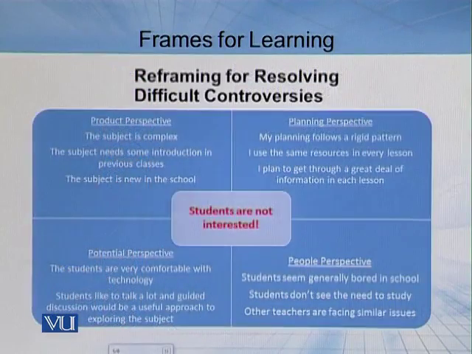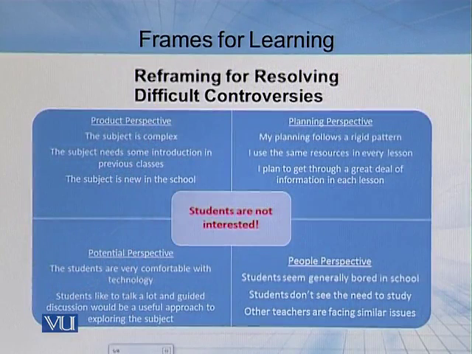And in this example, we can see how a teacher might use the 4 Ps approach and the professions perspective in order to reframe their perspective of an issue in order to resolve it. For example, the issue that you might face, or any teacher might face, is that the students are not interested in the content of a lesson.